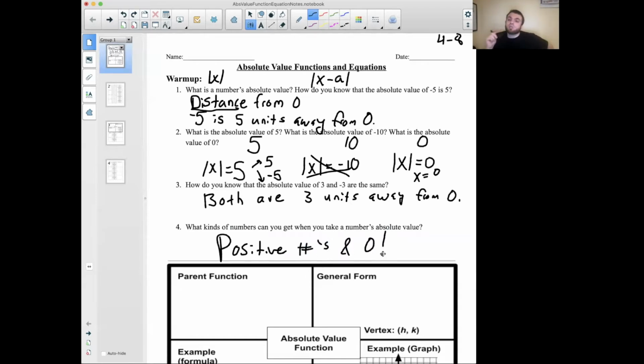Only positive numbers and 0. Again, that gets to the idea that absolute value represents distance, and a negative distance doesn't make sense. You have to have a distance of 0, meaning no units away, or some positive number. Again, you cannot have a negative distance.